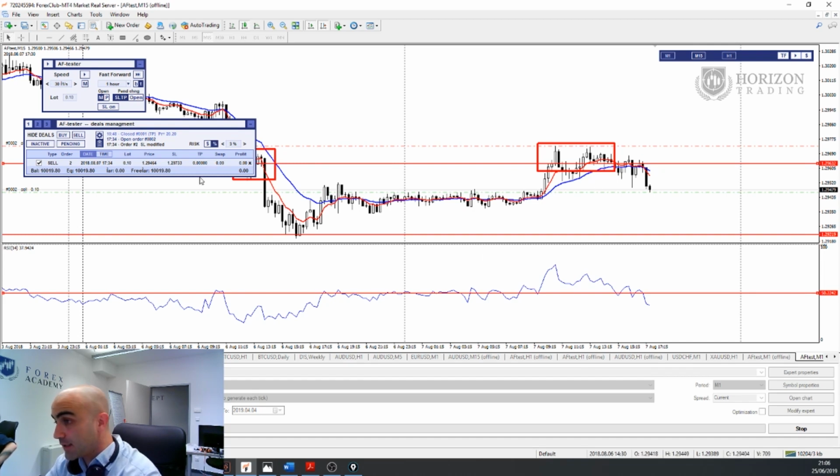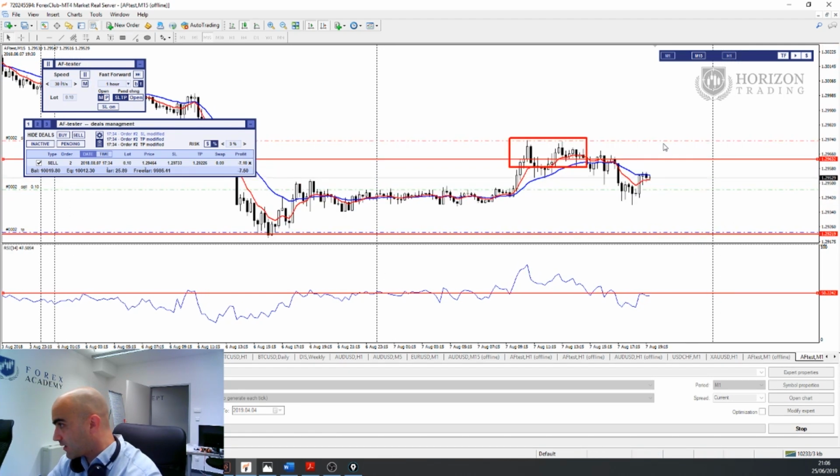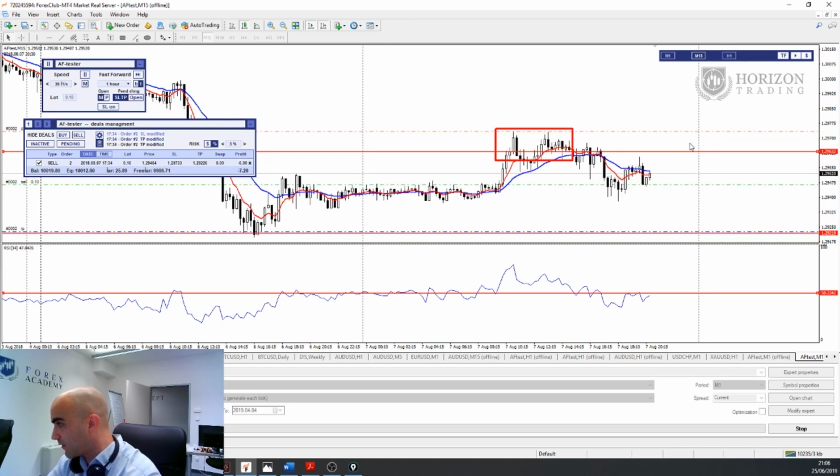And let's go and see, and maybe we can also put in a take profit, at least a 1 to 1 ratio approximately, and let's see how we can take advantage of this.